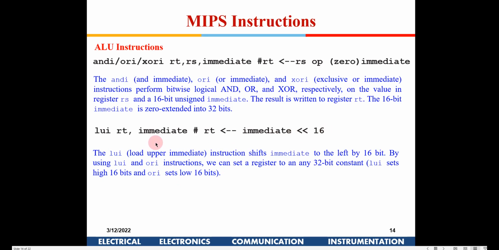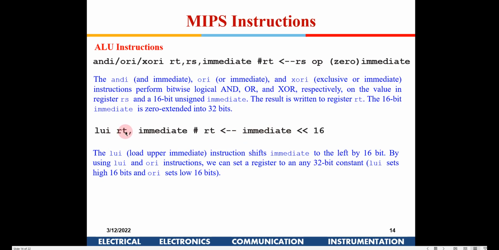We can't directly write any data into the lower portion of the register. We write the instruction LUI RT and specify 16-bit data, and those 16 bits will get written into the upper portion of the register. That is what LUI RT means.